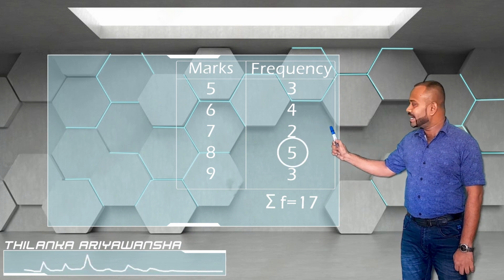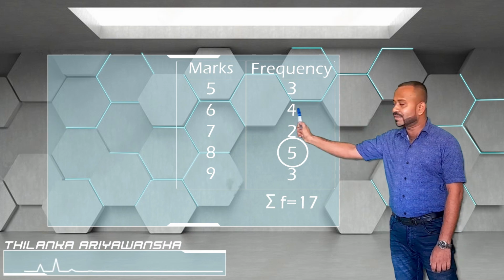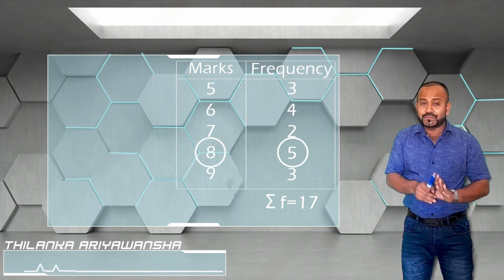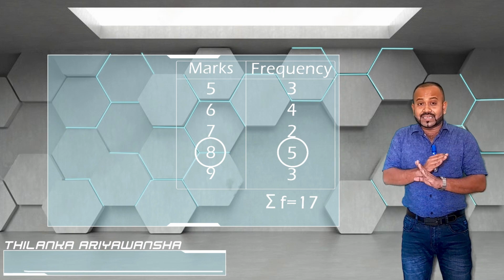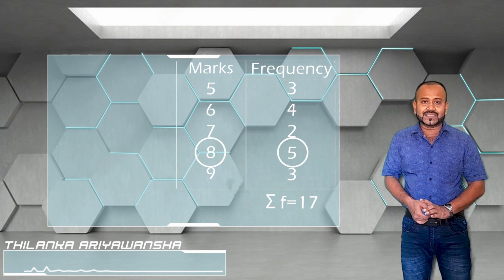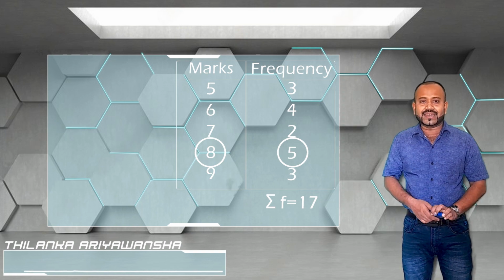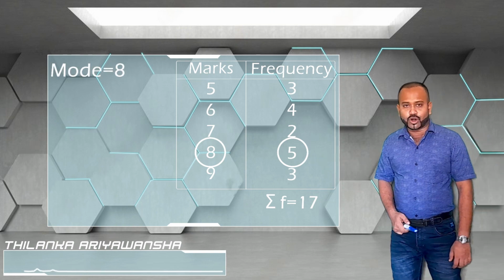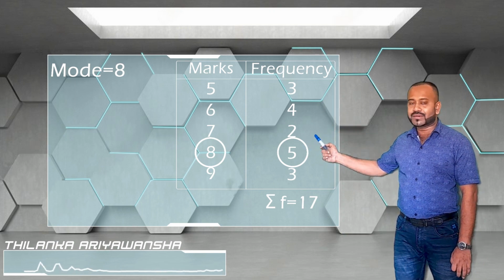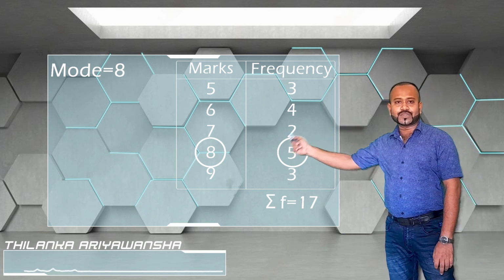In front of that, in the marks column, you have 8. That means 8 is repeating 5 times. Then we get 8 as the mode. We have to select the highest frequency from the frequency column, and the value corresponding to it should be taken as the mode.